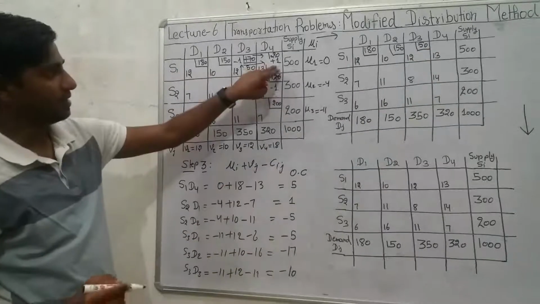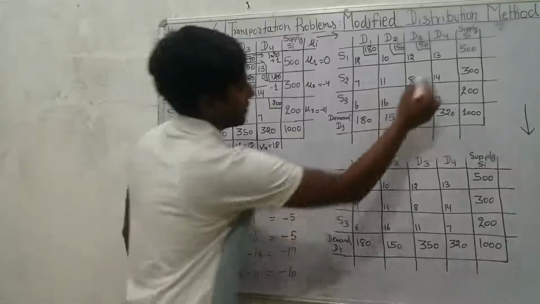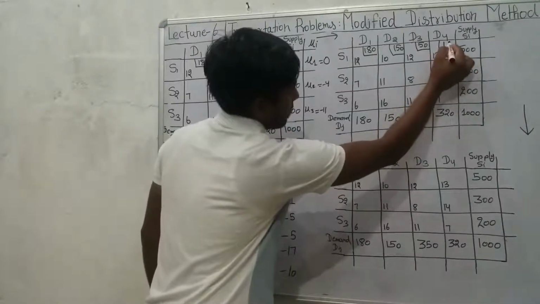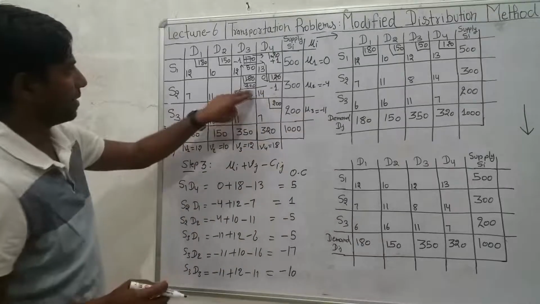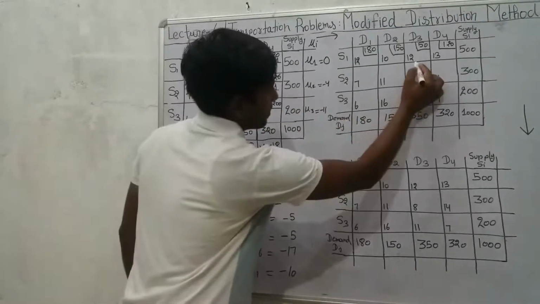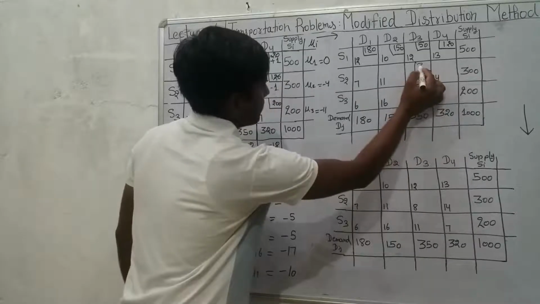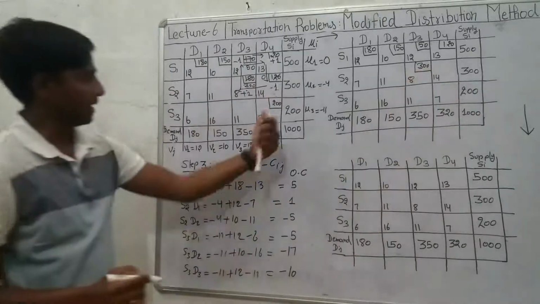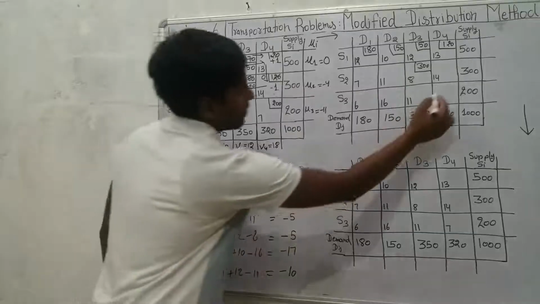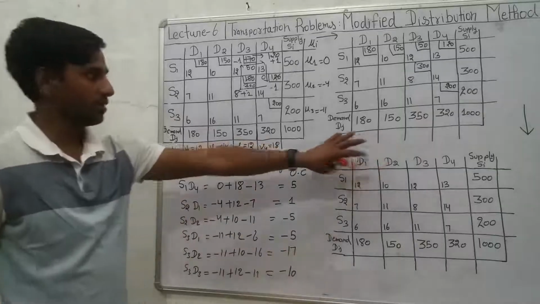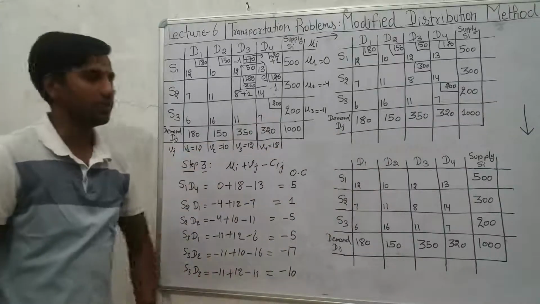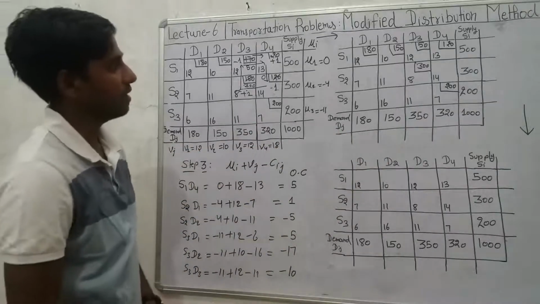And in this cell, it is going to be 120 units. Similarly, in this cell there would be no units, and in this cell there would be 300 units. This cell is unaffected, so put 200 units in this cell. So now we have an improved solution with the help of the modified distribution method.